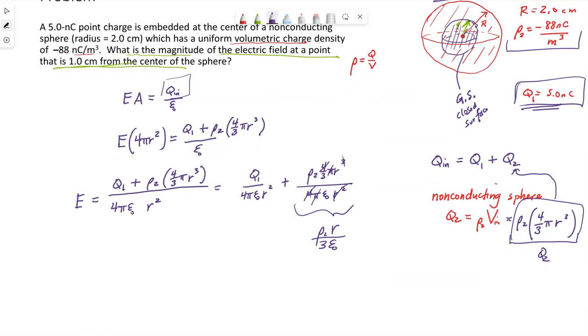So moving that up, the point charge portion, I can do the 8.99 times 10 to the 9 for the 1 over 4 pi epsilon naught. The point charge is 5 nanocoulombs. R, this lowercase r, represents the radius of the Gaussian surface, where we're trying to find the field.